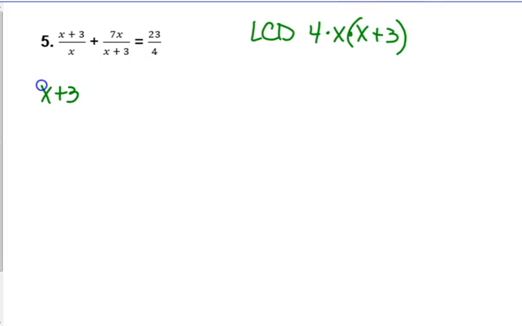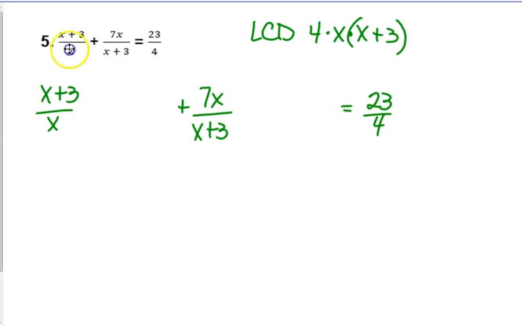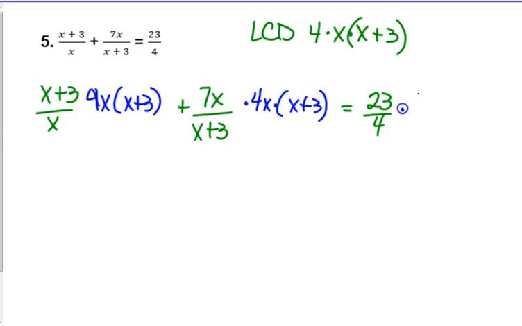So I'm going to write it out again with plenty of room between my 3 terms, and then multiply each one by 4x(x plus 3). I'll give you a second to finish writing that down.